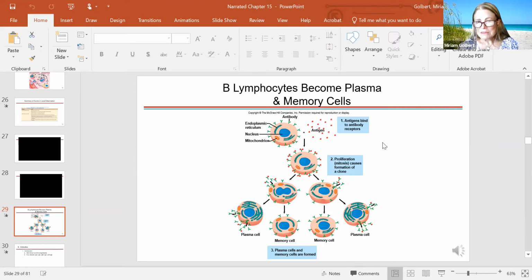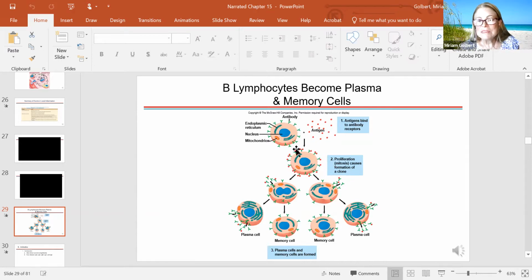So B cells, when they are sensitized by a specific antigen, meaning, oh, I'm recognizing this is foreign, they're going to produce antibodies and they're going to expose them this way, like you see here. The antibodies here are the little green Y-shaped structures.